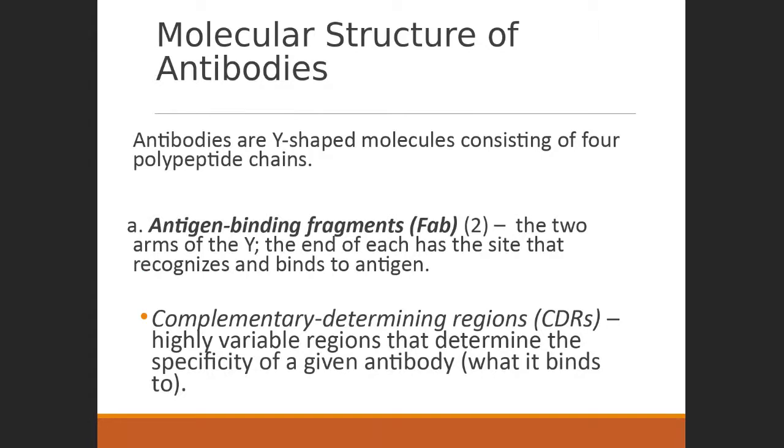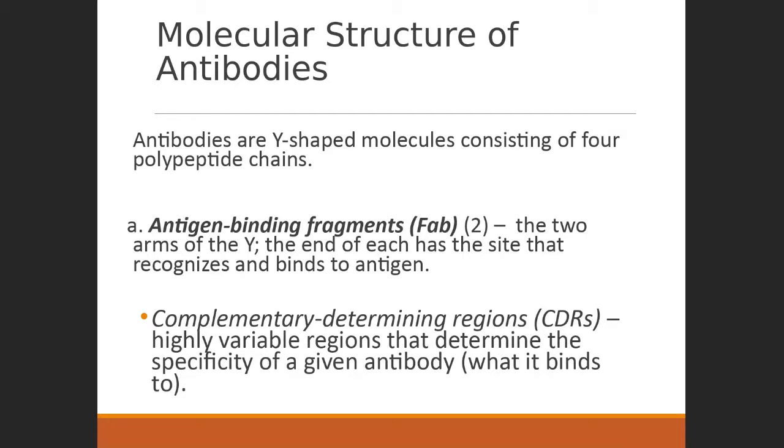Antibodies, we generally give them a Y-shaped molecule. Now, when we did red blood cells, we talked about IgG versus IgM and the differences. But we tend to see different regions now. Let's not just look at them as far as the shape. Let's look at what that shape actually refers to.